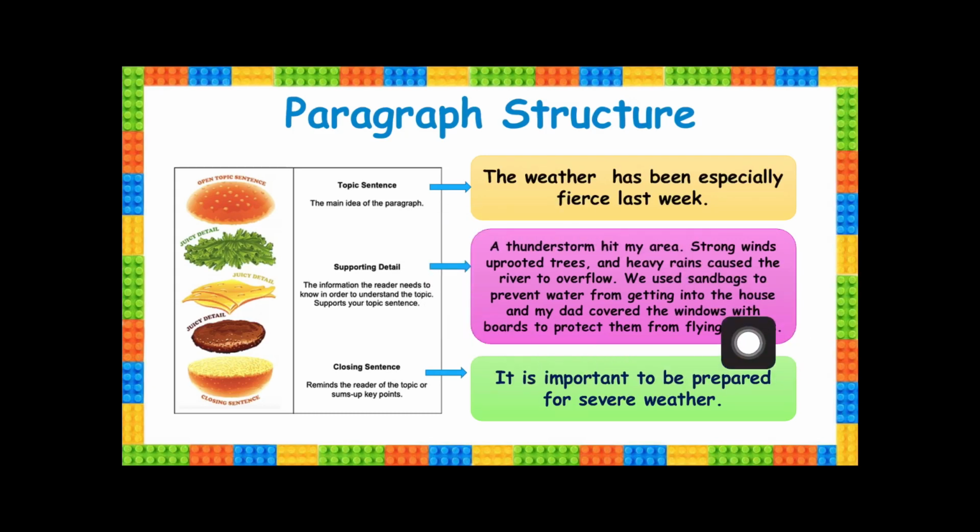All right, so these are all the details telling me how the weather was fierce last week. Then I need a closing sentence. So topic sentence, here are all my yummy details. Now my closing sentence says, it is important to be prepared for severe weather. All right, I'm reminding the reader about the topic and I'm giving them a little overview of my main points.